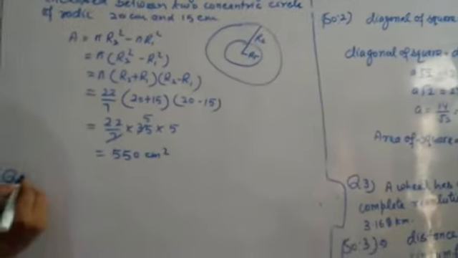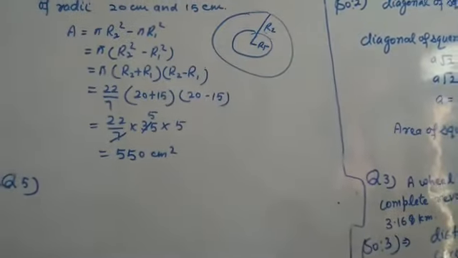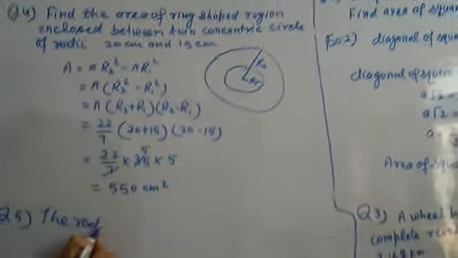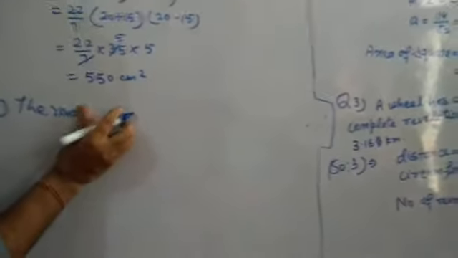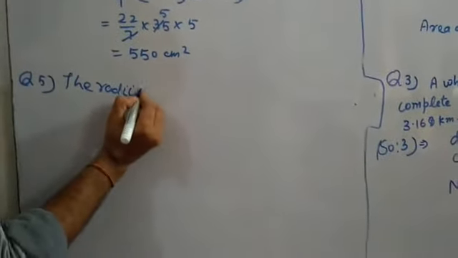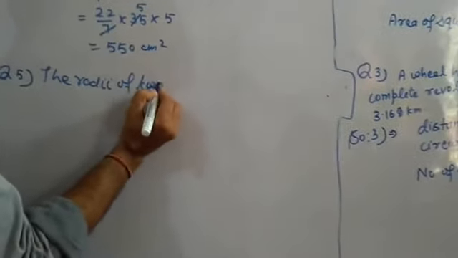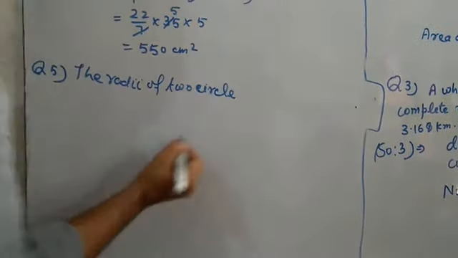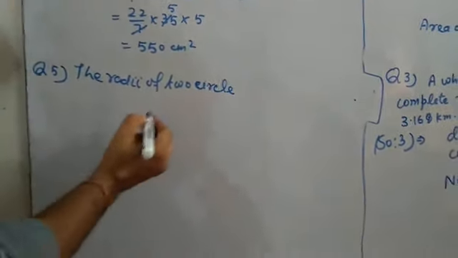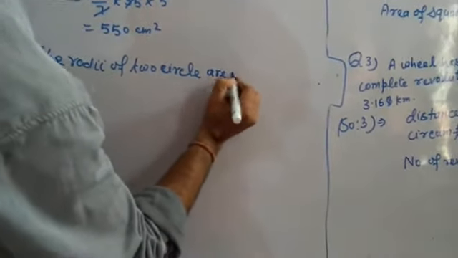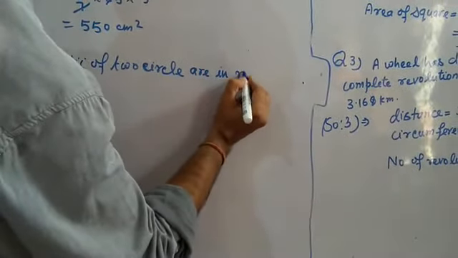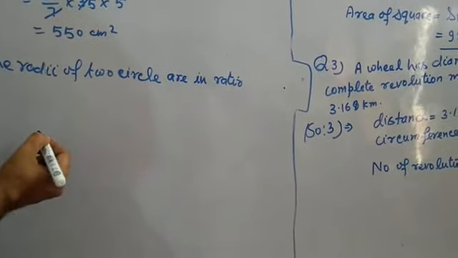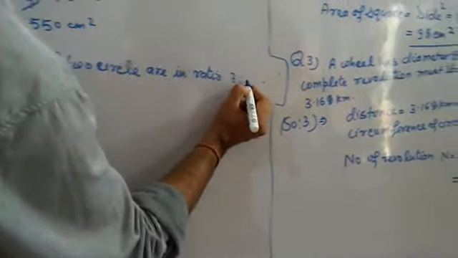Question 5. The radii of two circles are in ratio 3:8.